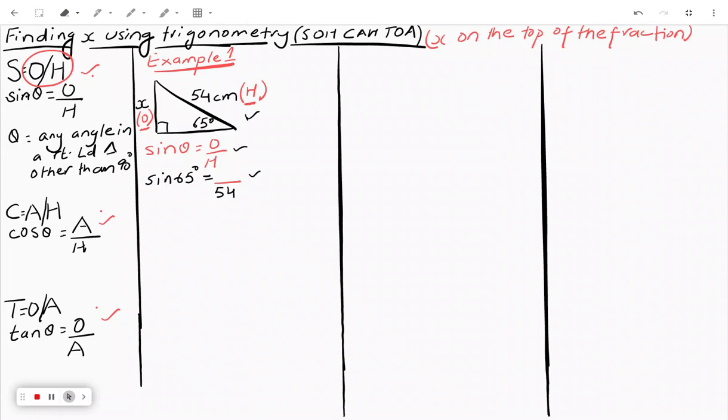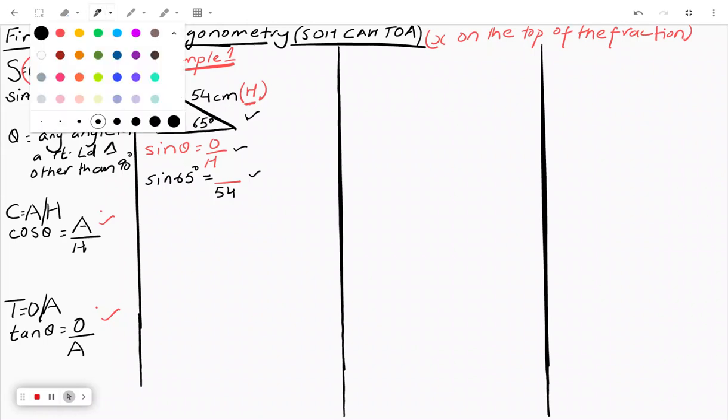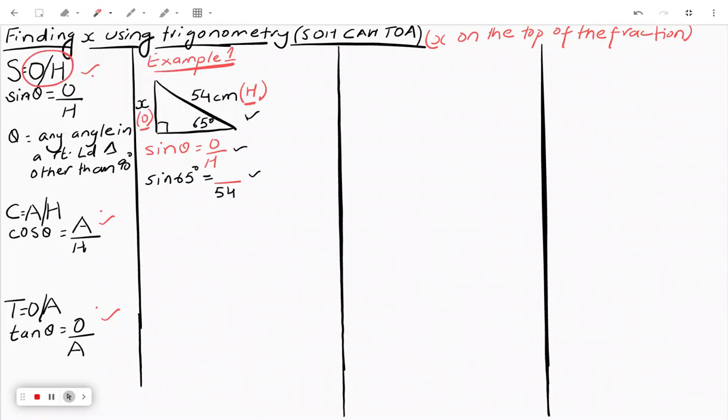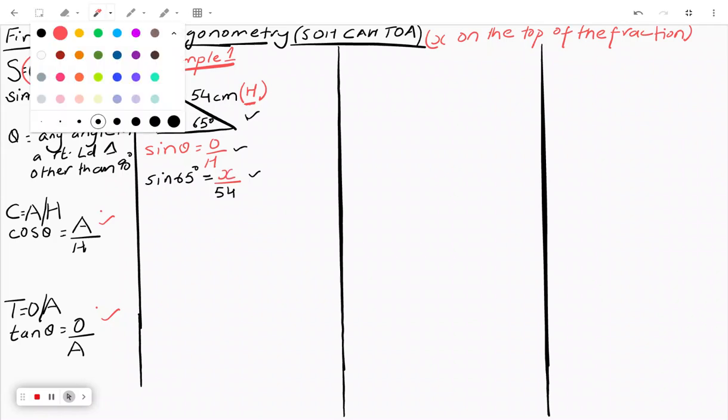So let's just quickly rub this bit and put our x back there. So x goes on the top of the fraction. Now is the time when we find out how much x is going to be.